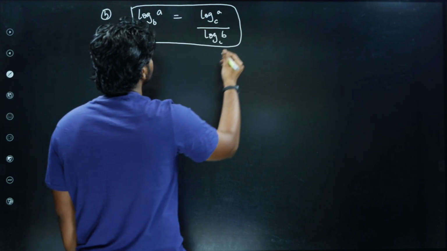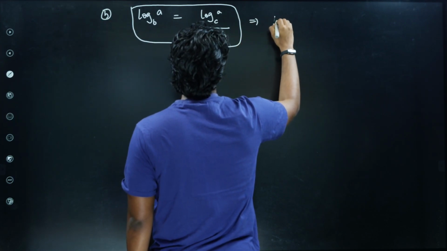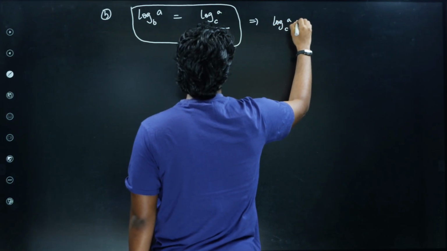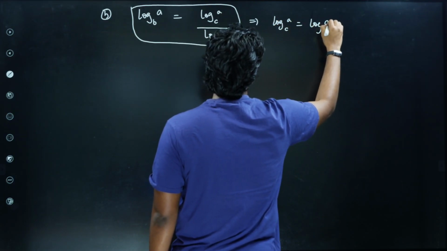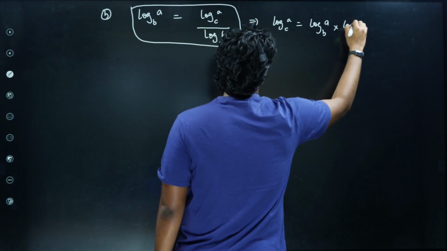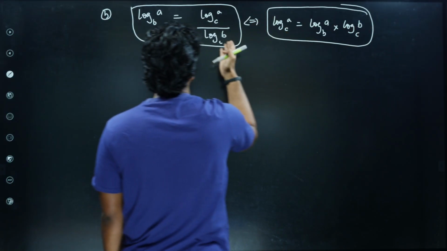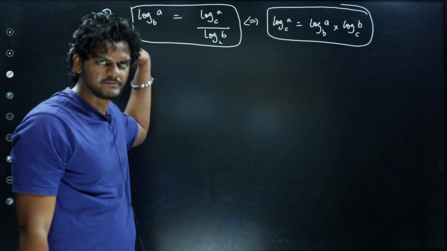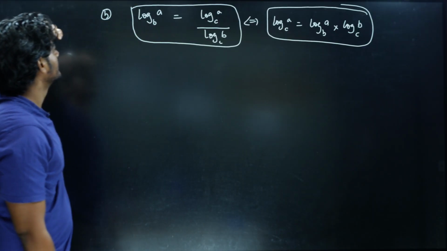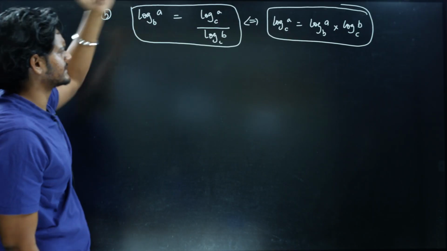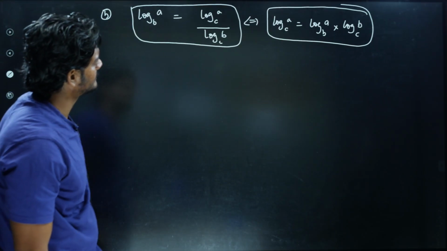In other words, we can write this as log a base c is equal to log a base b into log b base c. These two are simply equivalent. I'm just cross multiplying. That's it. Nothing else. So how do we prove this?